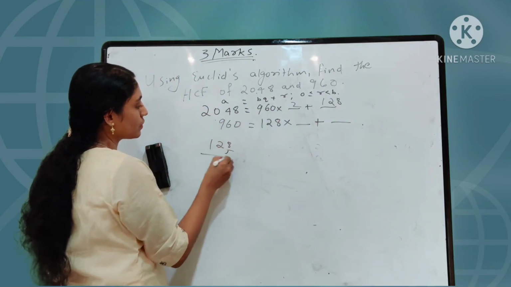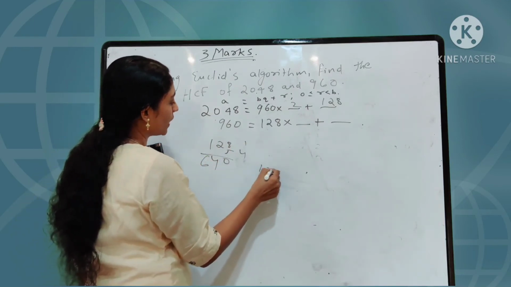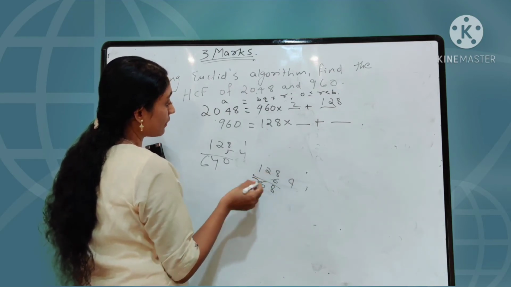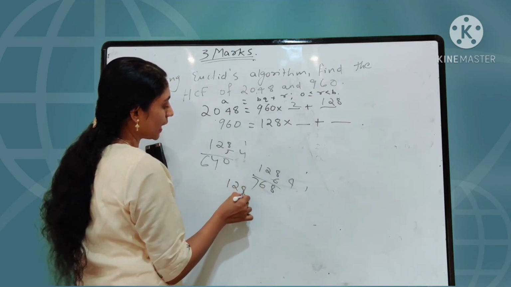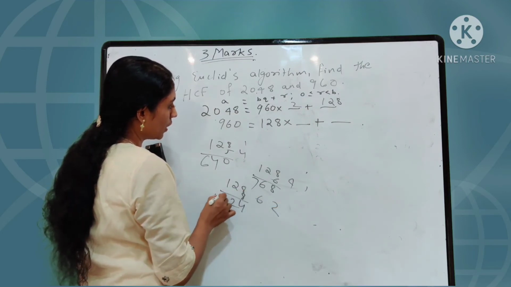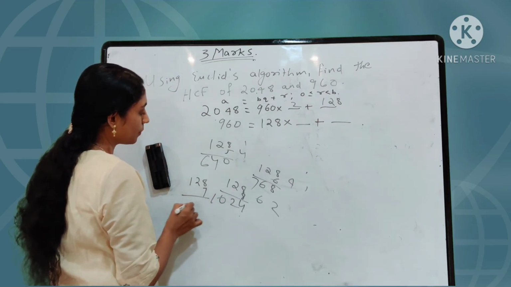128 into 5 is 640. What about 128 into 6? It is 768. What about 128 into 8? It is 1024. What about 128 into 7?